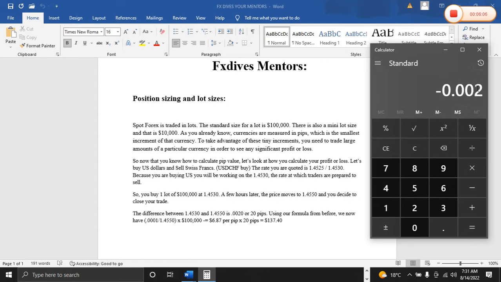So these are 20 pips. This currency pair has moved from the market price of 1.4530 to 1.4550. So these are 20 pips.